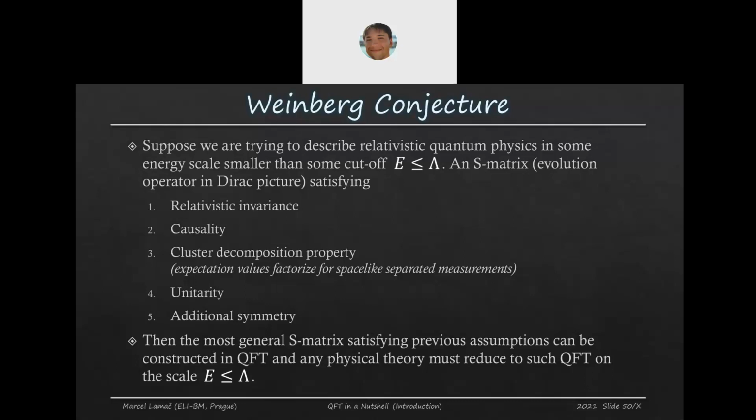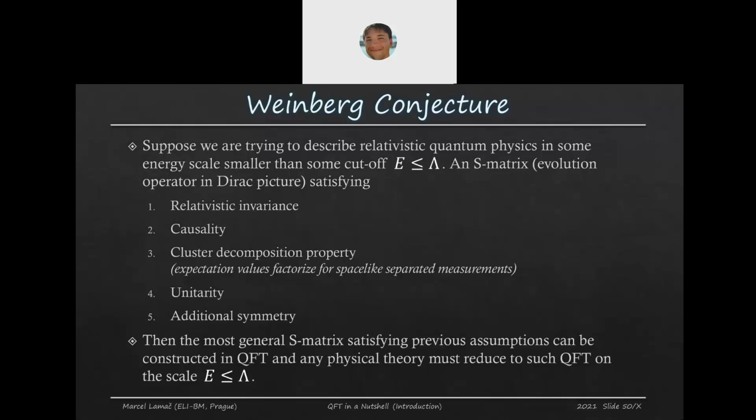Some scale that is simply very large, and we're trying to describe some physical theory below this scale. Then there is an S matrix, which is simply the evolution operator in the Dirac picture, that satisfies the following conditions: it is relativistically invariant, it is causal, it has what is known as the cluster decomposition property, it is unitary, and it may have some additional symmetry.